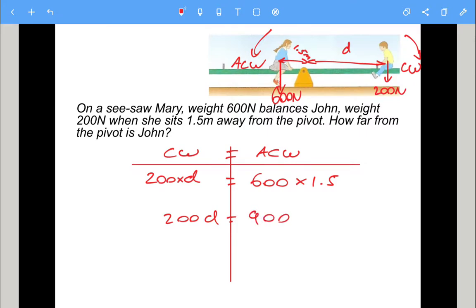Then we just need to rearrange to find the distance. We need to get rid of times by 200, so we do the opposite to move it to the other side. So the distance will be equal to 900 divided by 200. So the distance is 4.5 meters.